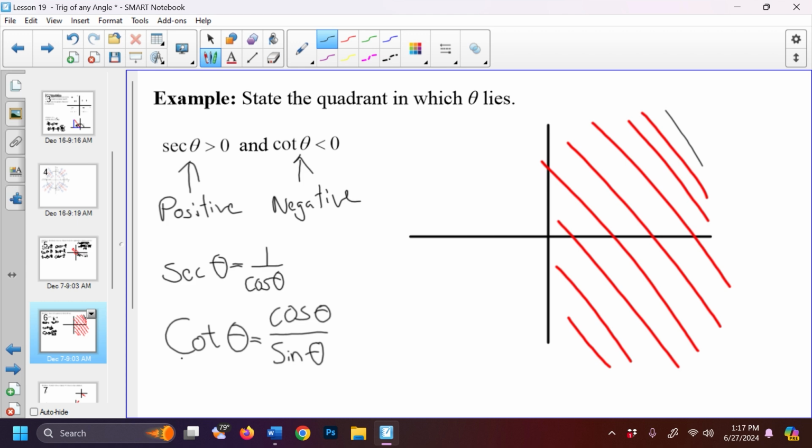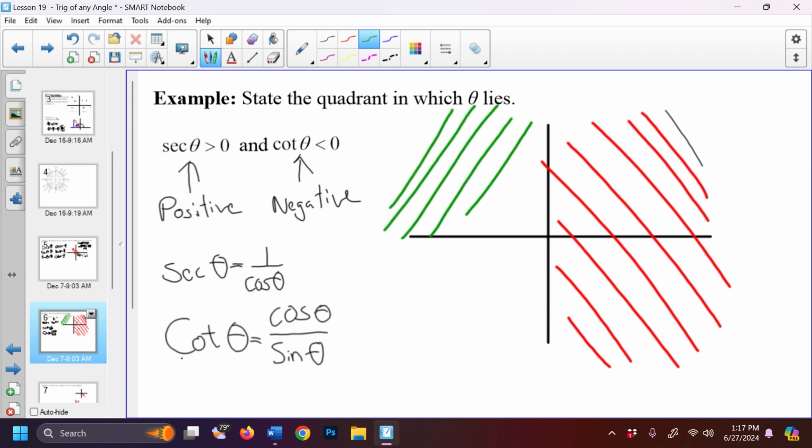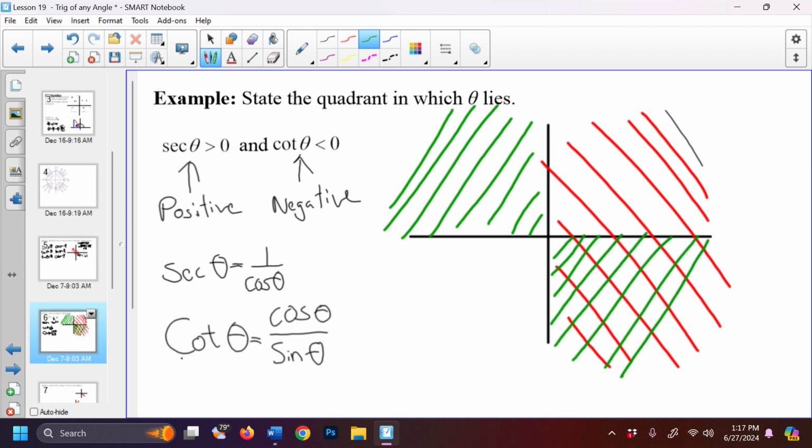If the cosine is negative, then the sine has to be positive. Now there's only 2 quadrants where that is true. In the second quadrant, cosine is negative, but the sine is positive. In the fourth quadrant, the cosine is positive, but the sine is negative. So the only place where both the secant of theta is greater than 0 and the cotangent of theta is less than 0 is in the fourth quadrant.